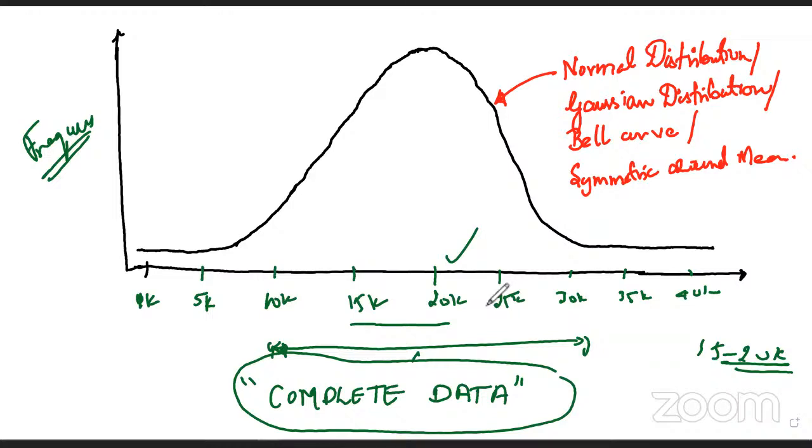So he's comparing, and finally he's trying to decide on 20 to 25 because of collecting this complete data. If he's going this side, it means he has gone too much beyond his expectation. So there is less data to the right-hand side beyond whatever he's expecting, and more data in this particular range. So normal distribution helps us understand whether we have collected the complete data or not. Got my point?